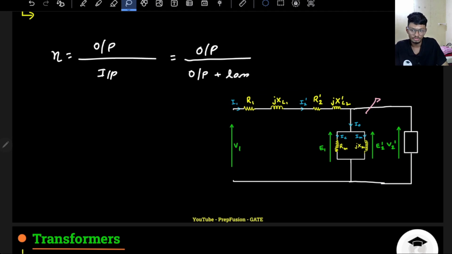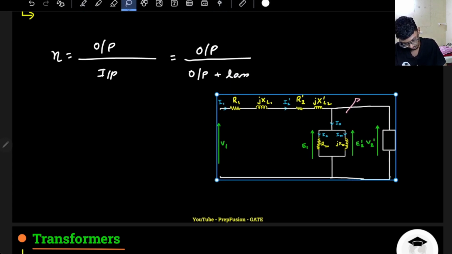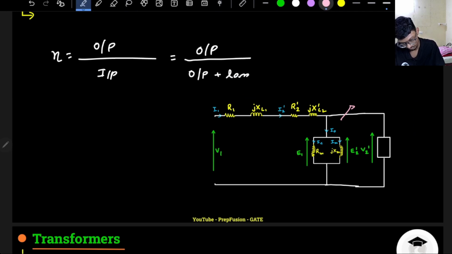What is the copper loss and what is the output? This is my output. So it is V2 dash, this is the load connected, and this is V2 dash and this is I2 dash.